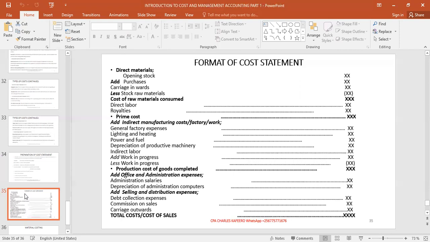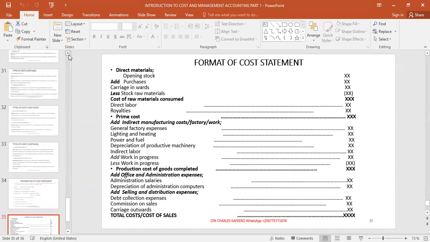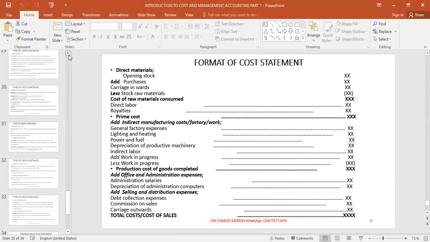But if you are not told to do so, then we can add back these other office and administrative expenses. Those are the costs that are incurred within the administration department or the supporting department.